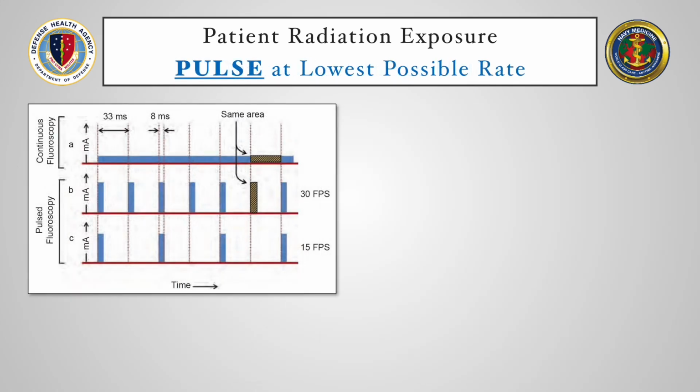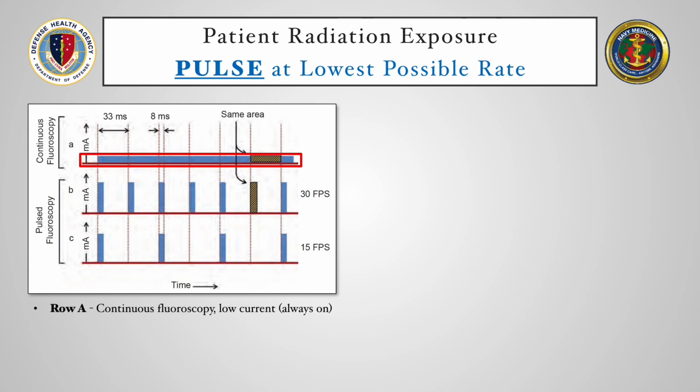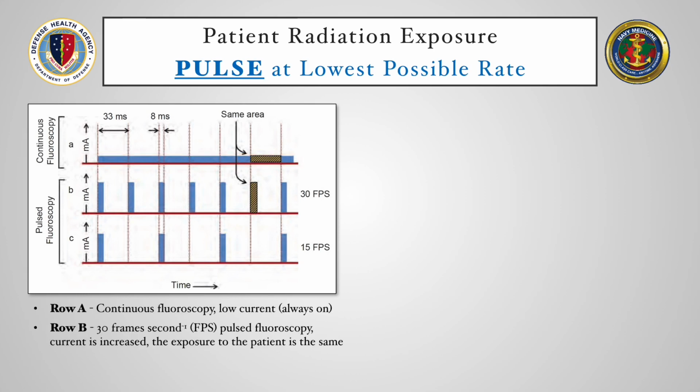Continuous fluoroscopy has been used for decades, and it's seen in row A. In row B, we increase the current and pulse at 30 frames per second. The current's higher, so the radiation rate stays the same. In row C, the overall radiation exposure is reduced by reducing to 15 frames per second.